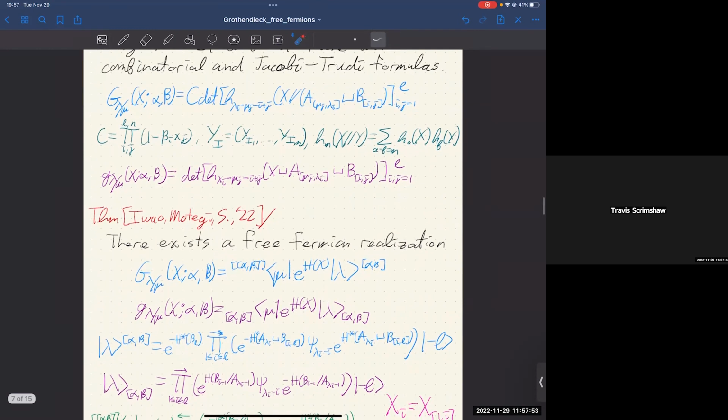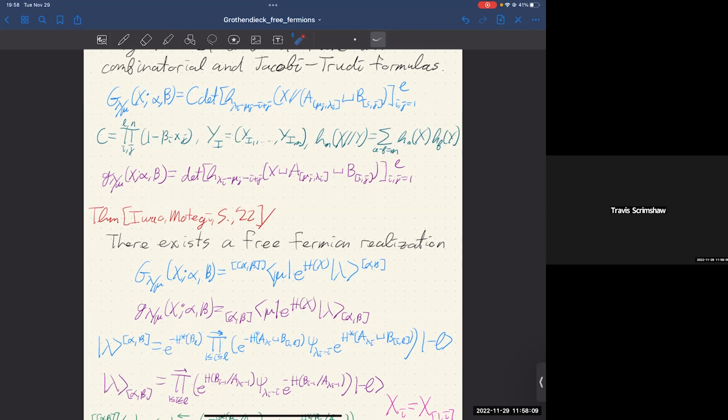And what Iwao, Motegi, and I wanted to do was we wanted to see if we can write the canonical Grothendieck using this free-fermion formalism.